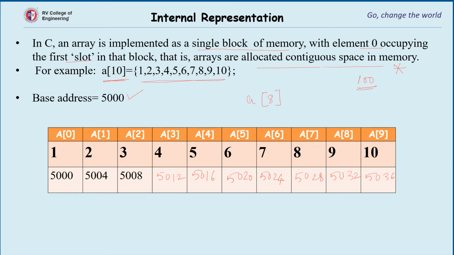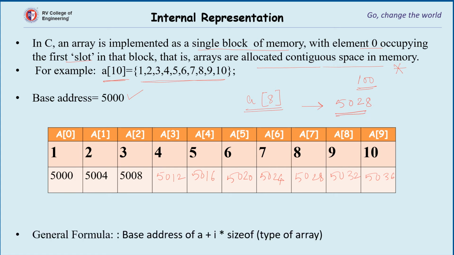The general formula to determine the address of this particular element is, here by the figure we get to know that it is 5028, but let us look at the general formula.